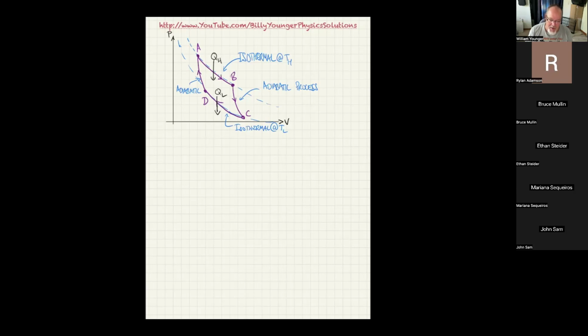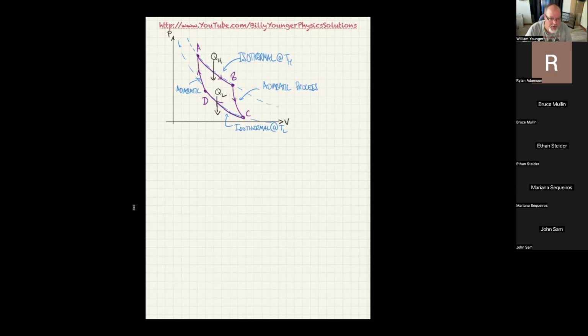And at that point, you can then imagine it starting to do an isothermal compression from C to D, and then an adiabatic compression from D to A. So that's the way you can look at it, and that's actually the Carnot engine, and it's reversible, and it's basically, like I said, one of the most efficient forms of a heat engine you can possibly have.